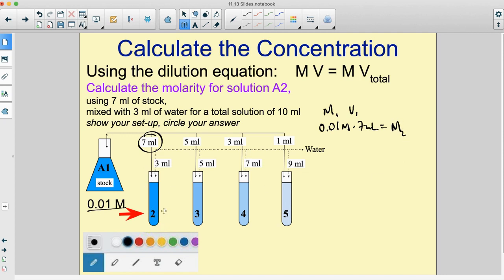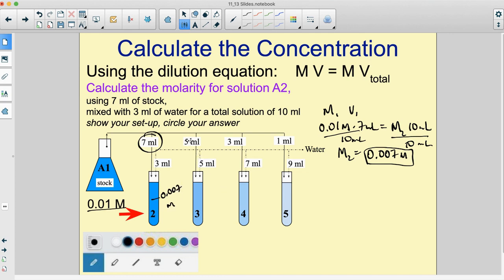And our total volume after dilution is 10 milliliters. So then we can solve for our new molarity by dividing both sides by 10. Okay, so 0.01 times 7 divided by 10 gives us a new diluted molarity of 0.007 molar.